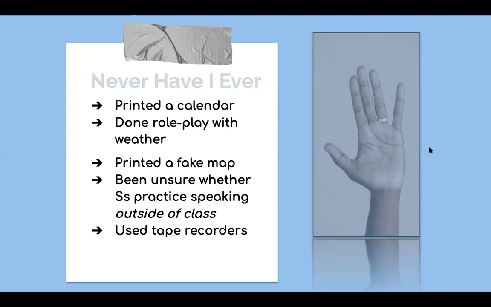So if you've ever questioned, do they actually talk in English outside of class? Put your finger down. And finally, if you used tape recorders or anything to record their speaking, put your finger down.